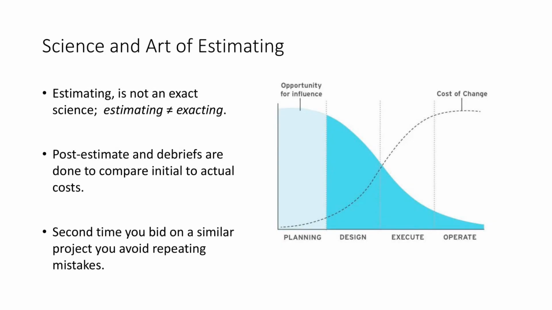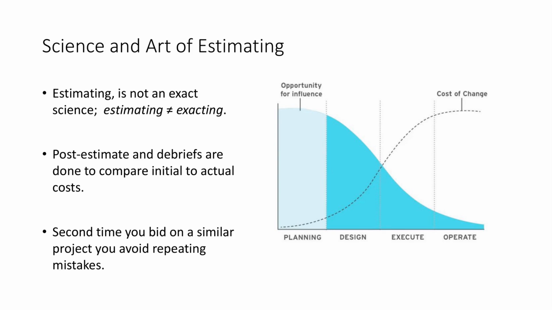Okay, again, estimating is not exacting. It's more of a science and art combined. And you cannot be 100% accurate when you are offering an estimate. And that's why we have things like post estimates and debriefs, so that we can inform the estimator for the next project about the actual costs and how much deviation we had.